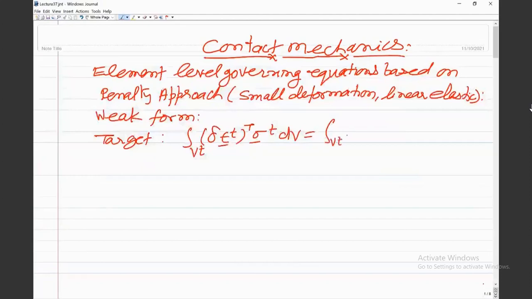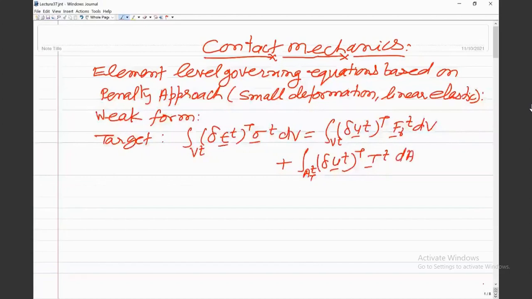So integration over Vt delta Ut transpose into Fb in the target, plus the integration over area where the traction on the target is acting, delta Ut transpose into traction in the target dA, and minus we have the virtual work of contact force, so integration over the contact area.